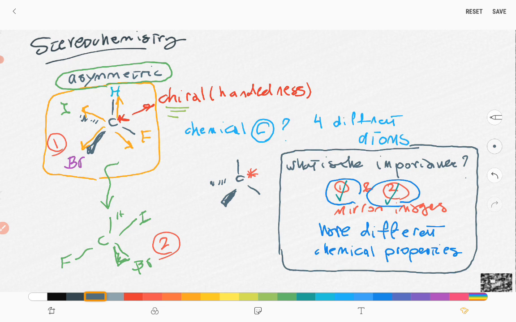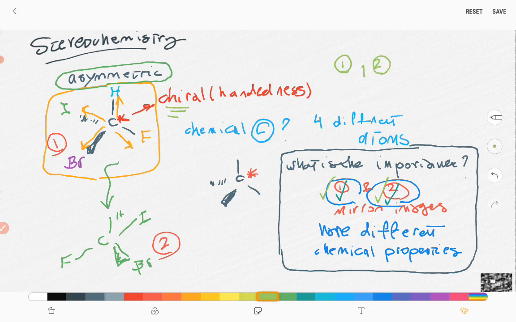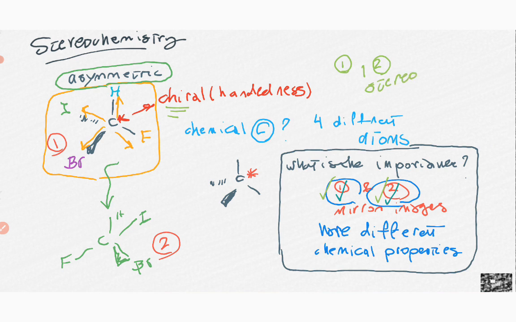And here, let me talk to you about another thing: what we call molecule number 1 and molecule number 2 in comparison to each other. We call them stereoisomers.